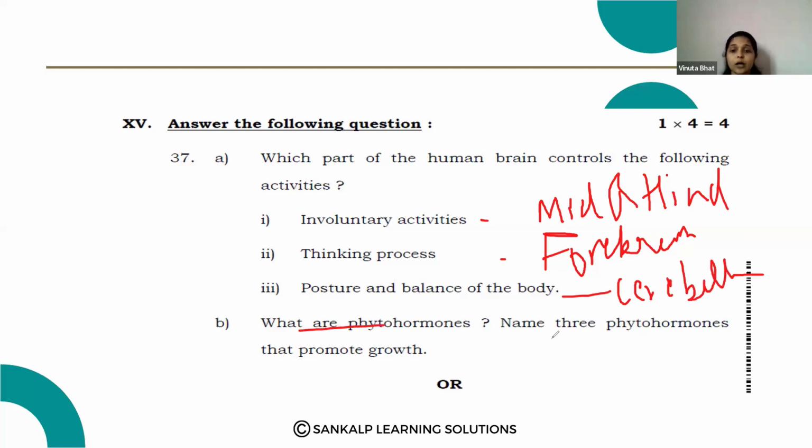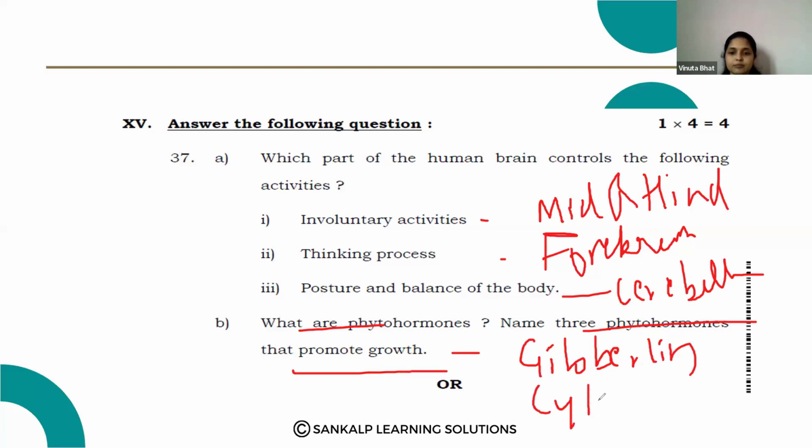Then what are phytohormones? Name 3 hormones that promote the growth. Here you can say gibberellin, then cytokinin. After that, auxins. So these 3 hormones support the plant growth.